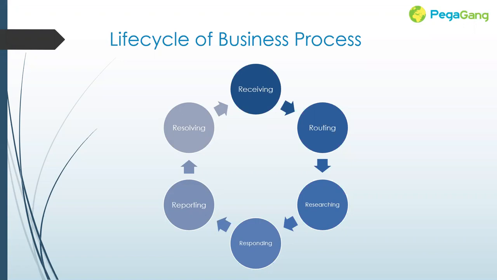The second step is routing. The bank agent is like a BPO person; he just receives the request and can't work on it. He has to route it to some other person, say a supervisor. He will route this particular task to the supervisor.